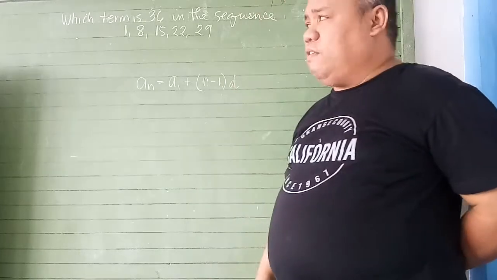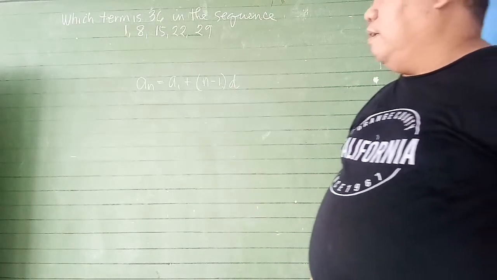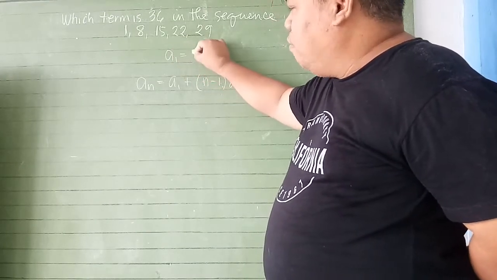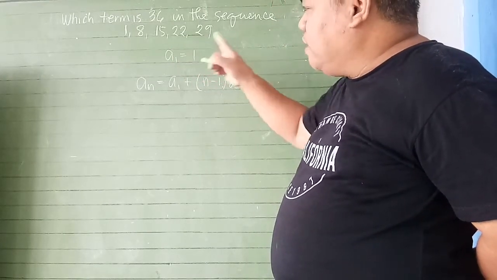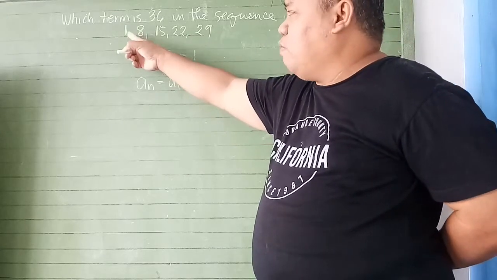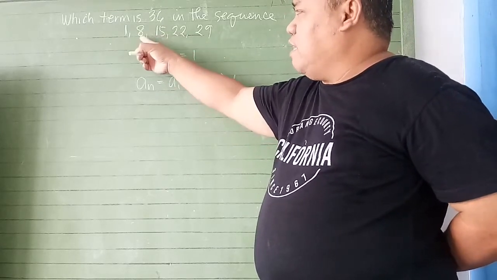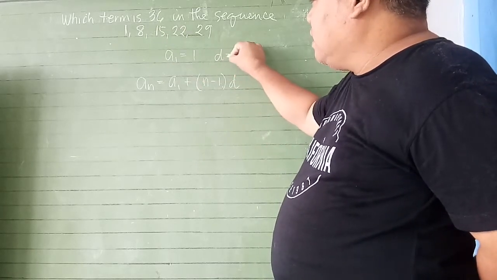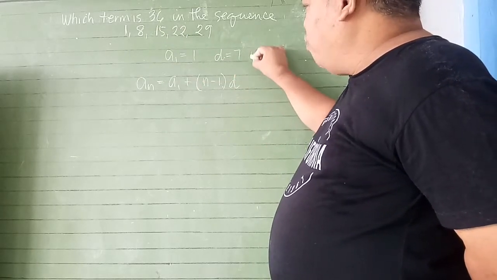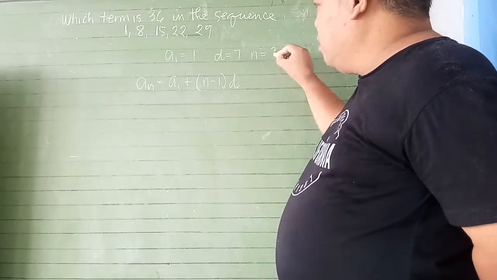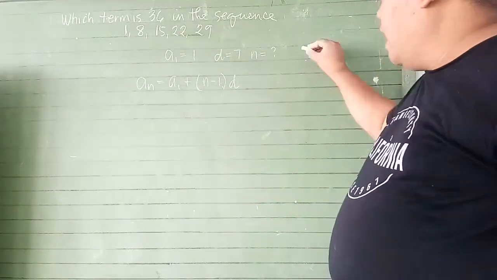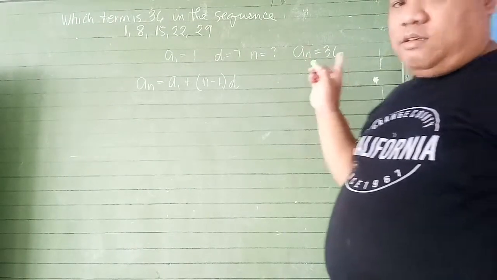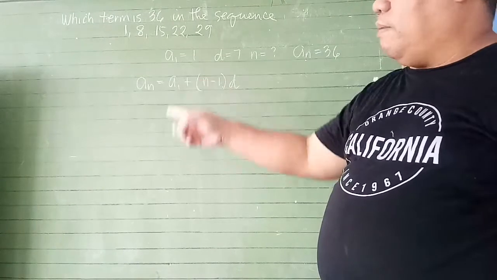But before that, we're going to get first the essential part of the given. So our a sub 1 here is 1. Now get the common difference. 8 minus 1 is 7, 15 minus 8 is 7, 22 minus 15 is 7. So our d is 7. Take note that we're looking for n. So that's unknown. And 36 there is our a sub n. Okay.